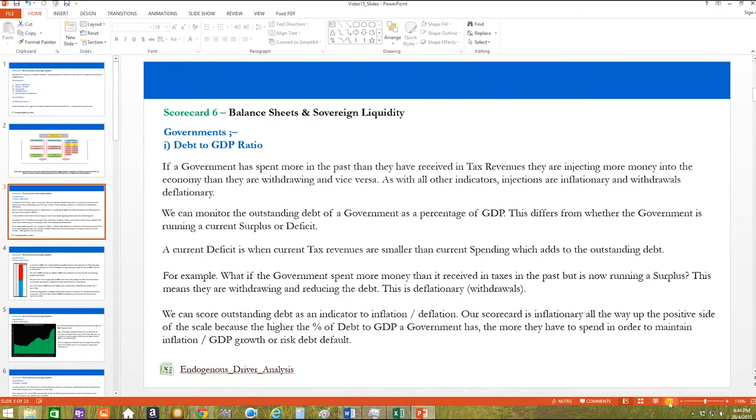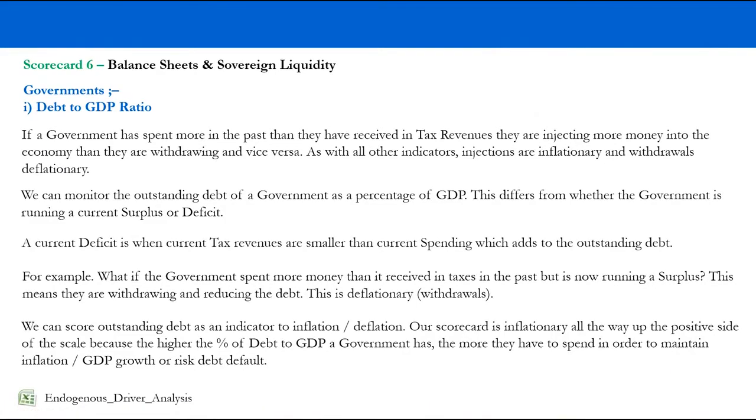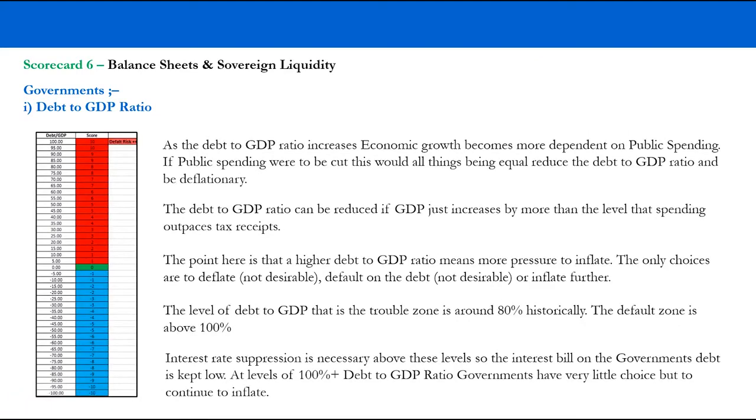and we can have a look at this in a bit more detail. So when we look at the detail of our scorecards, what do we get to? Well, as we looked at briefly in the spreadsheet, as the debt to GDP ratio increases, economic growth becomes more dependent on public spending.